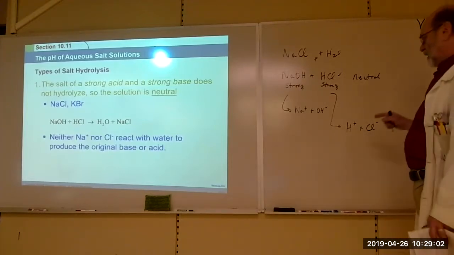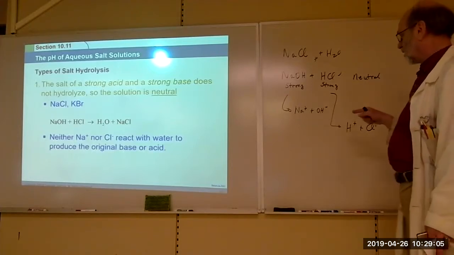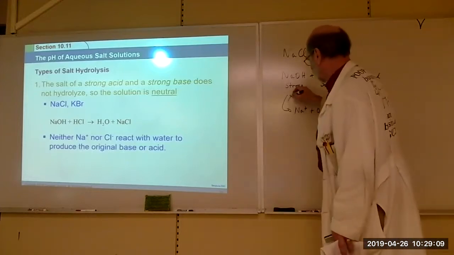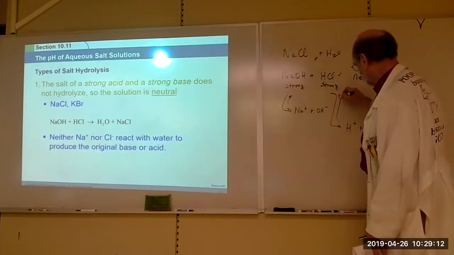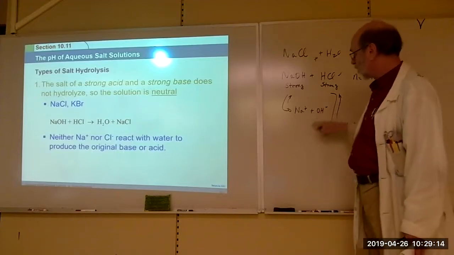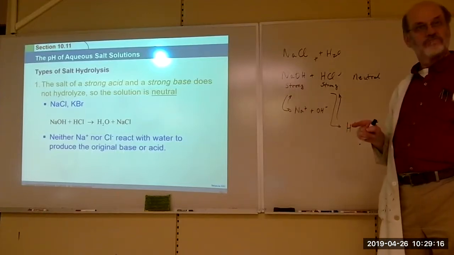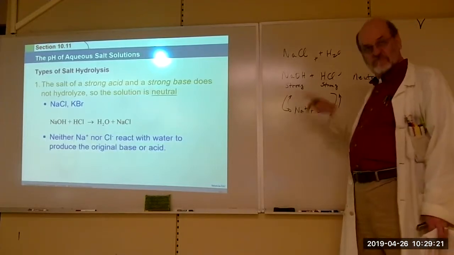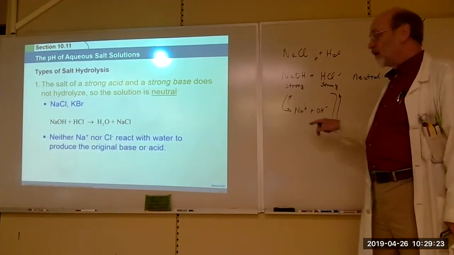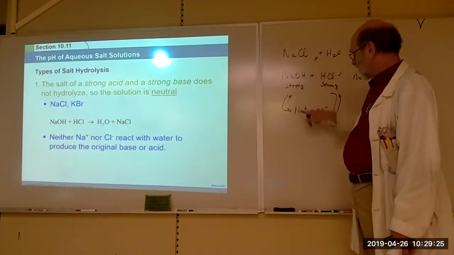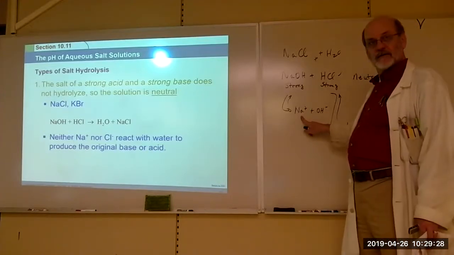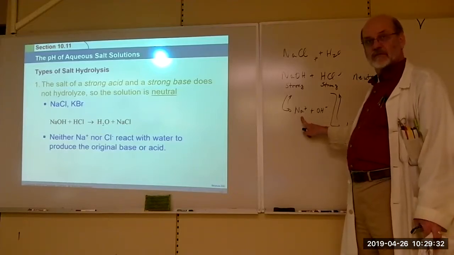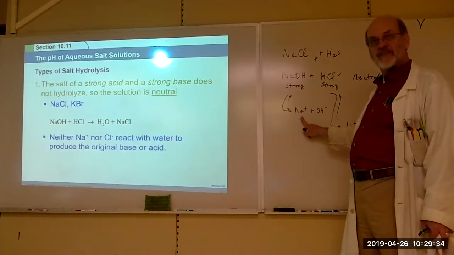Okay? Now, what is the tendency? This is a reverse reaction too. Go backwards. What is the tendency for this one to go backwards? Almost zero. It's here, stays there. So if you put this in solution and it makes this ion, is it going to react with anything in aqueous solution? No, it's just going to sit there, do nothing.